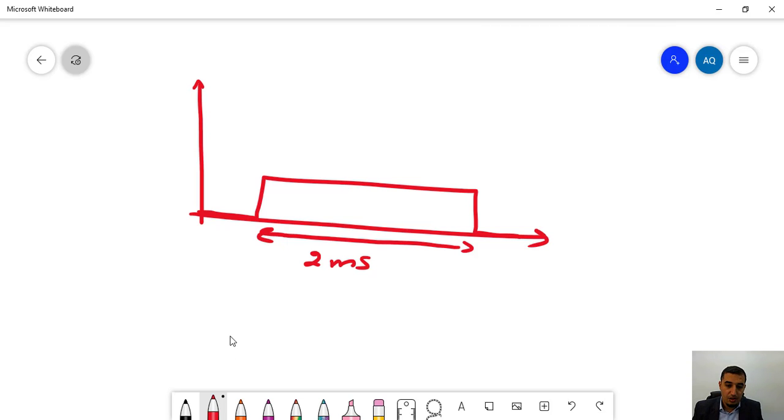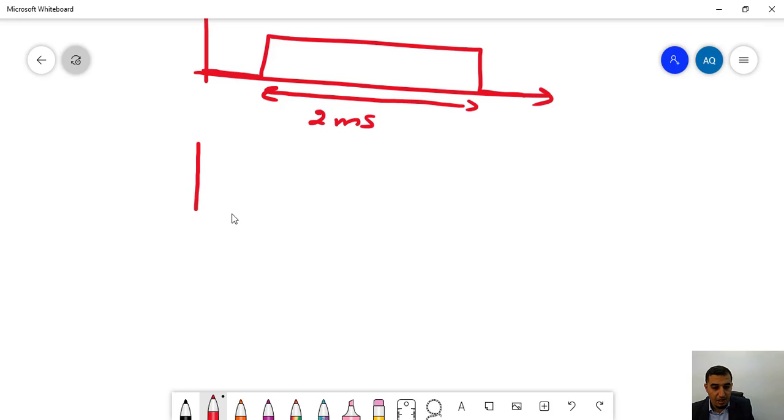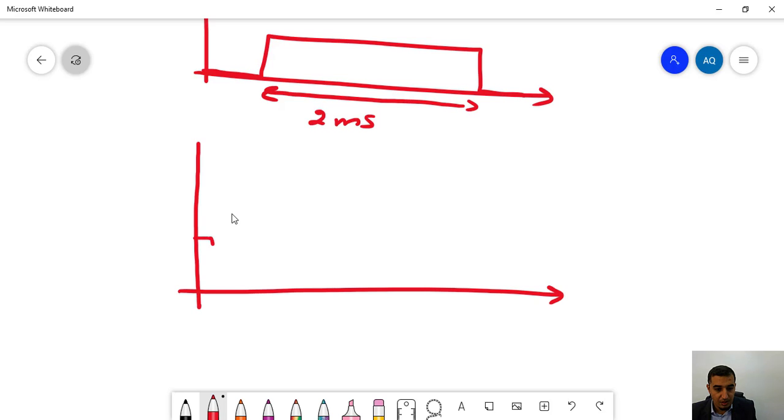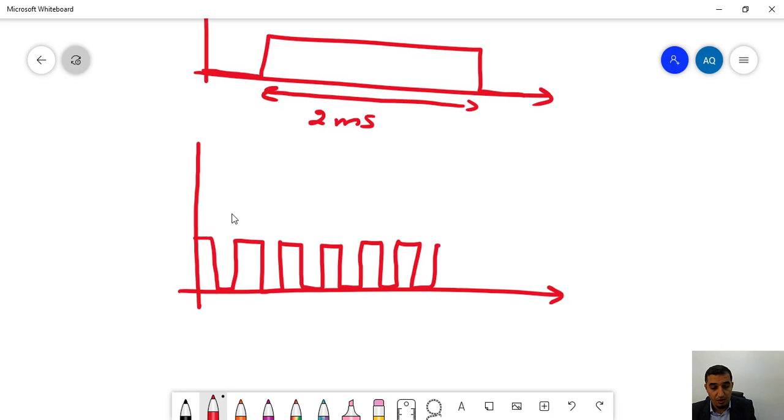Now, the idea is your timer and counter may be running at a higher frequency, or your microcontroller is running at a frequency which is giving you a timing period for each pulse of around 100 microseconds. Okay, your time here is 100 microseconds.